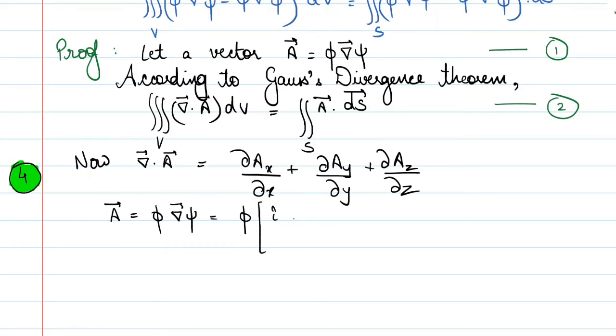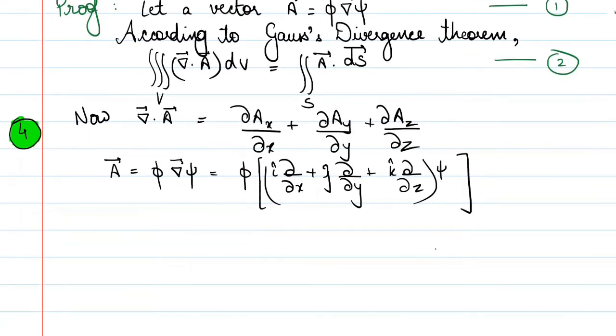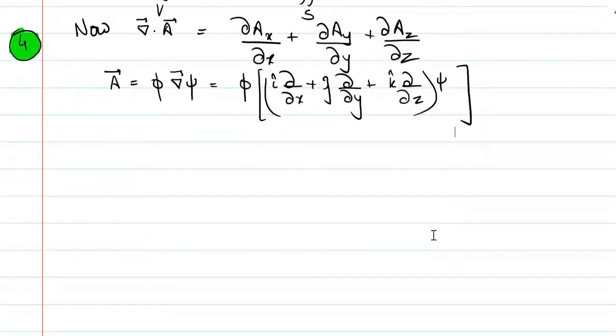First I'm going to write down iota curly by curly x plus... sorry, I always call i cap as iota, but just remember it is i cap. And now this is operating on psi. Del operator is a vector operator operating on a scalar function, so we would obtain a vector.